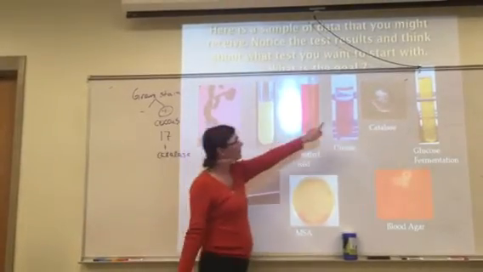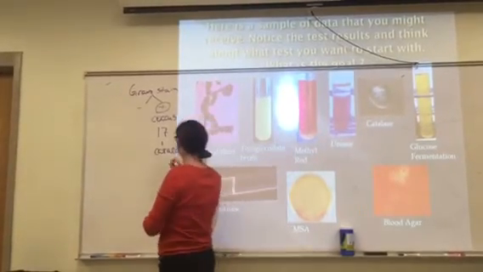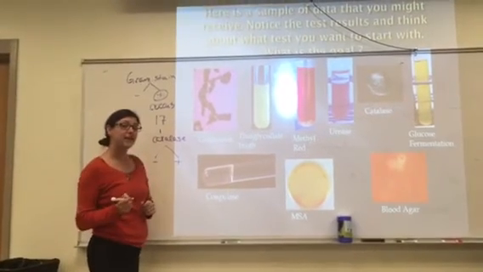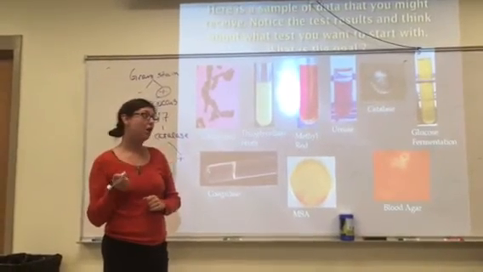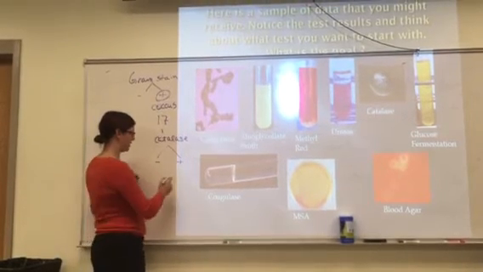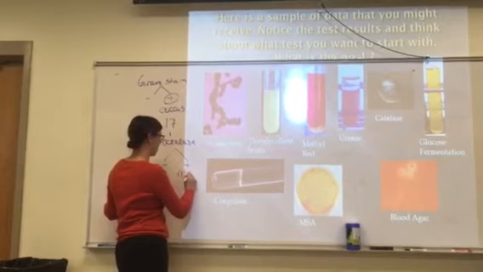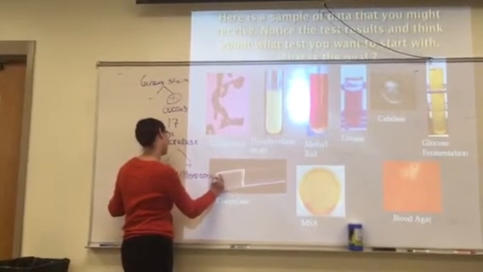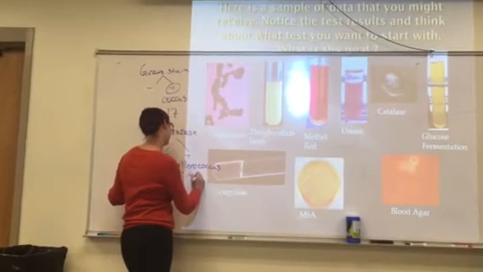The test result here for catalase is positive. The catalase test is going to eliminate all of the bacteria on the list. The only catalase positive bacteria are Micrococcus and Staphylococcus.